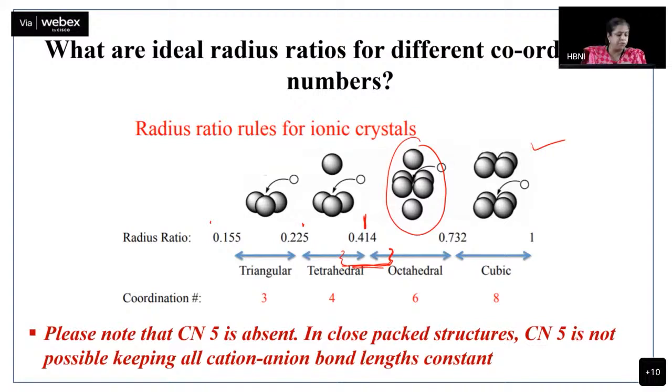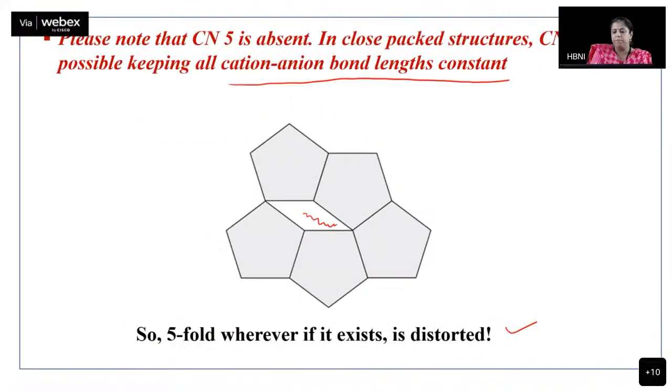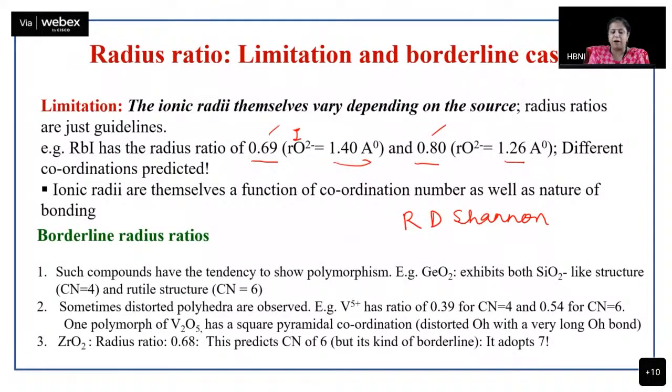And this is where we observe that your compound now has the freedom. It can decide what it wants to do depending on various factors. And as a solid state chemist who's been working for 20 years, I can tell you the cations which show these kinds of borderline radius ratios are the most exciting to work with because now they are sitting on an edge.